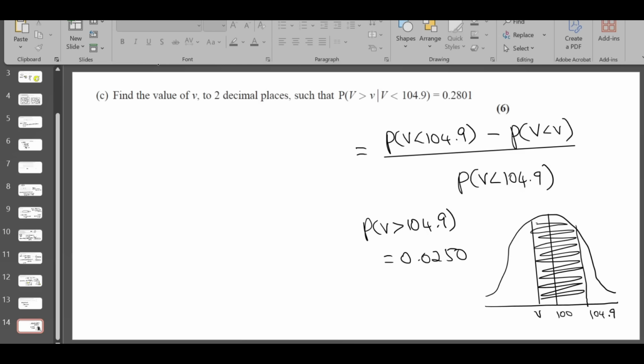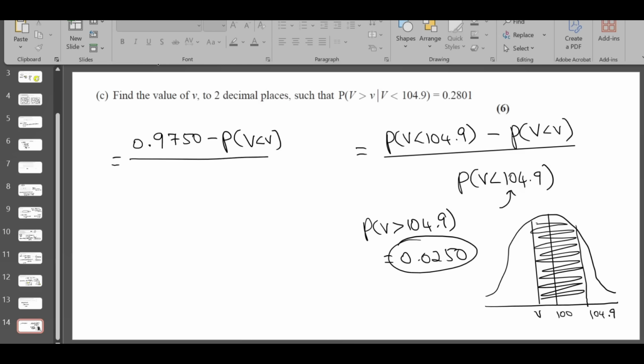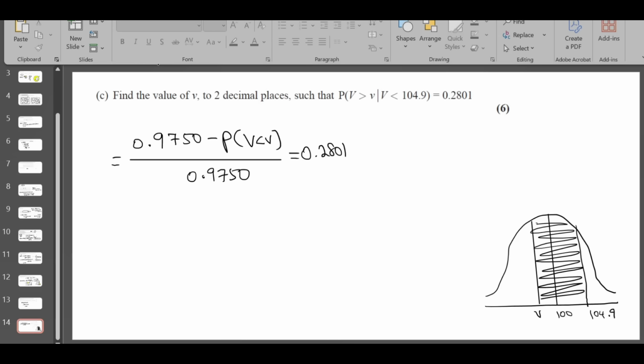So definitely the probability of V less than 104.9 would be 1 minus this, which is 0.9750 minus this, divided by 0.9750, but this probability is already given in the question, 0.2801, correct?